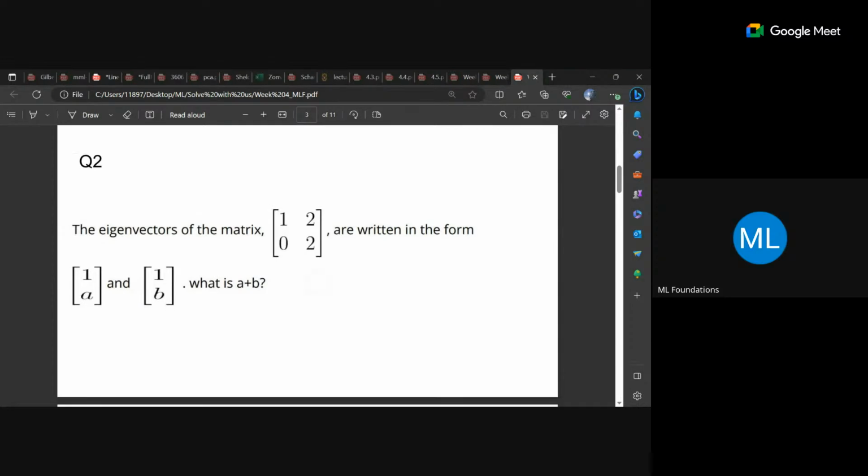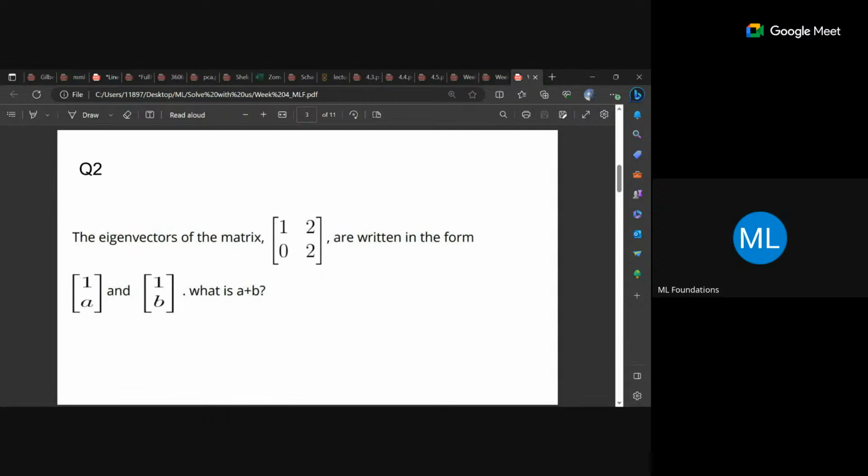So you have this matrix 1, 2, 0, 2. To get the eigenvalues, I do (1 minus lambda)(2 minus lambda) equals 0, right?